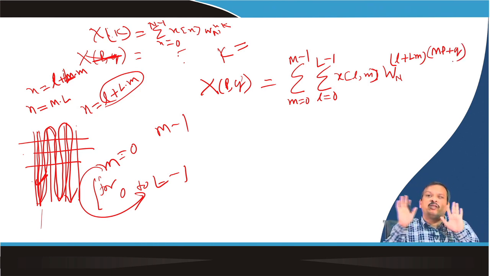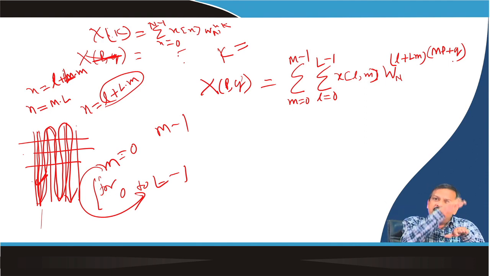Have you understood or not? I said I store the data column wise, there is m number of columns. So, the mapping function is l plus capital L into m. Now, I said the computed output Xpq is stored row wise.